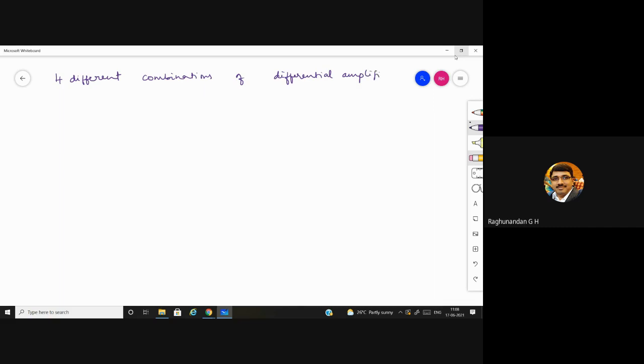So we'll just look into that. Even this was done in the last class. The same internal structure diagram, what we discussed, that will be considered here.